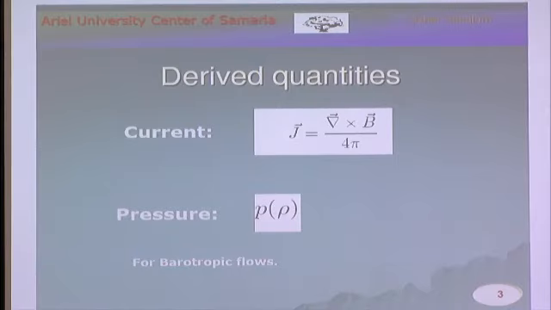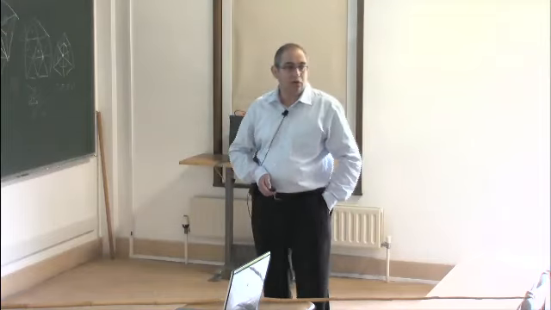Also, there are some derived quantities that are involved. Once you have the magnetic field, you can calculate the current. And once you have the density, you can calculate the pressure through the equation of state. I'm going to assume a barotropic flow, meaning that the pressure only depends on the density and not the temperature.